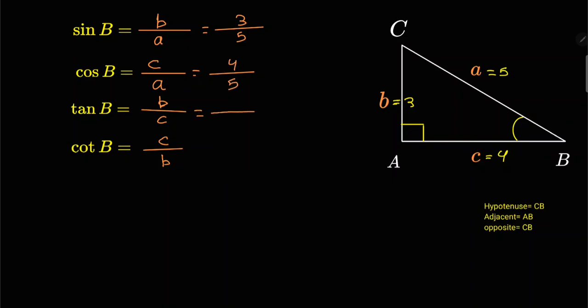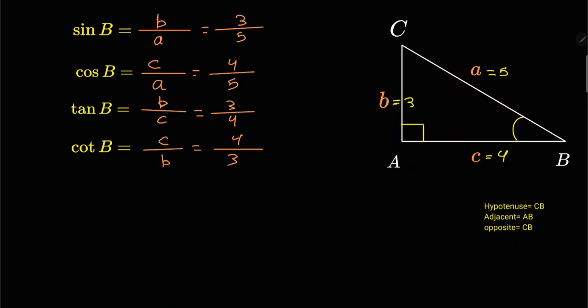The tangent is the opposite divided by the adjacent, which is 3 divided by 4, and the cotangent is the adjacent divided by the opposite, which is 4 divided by 3.